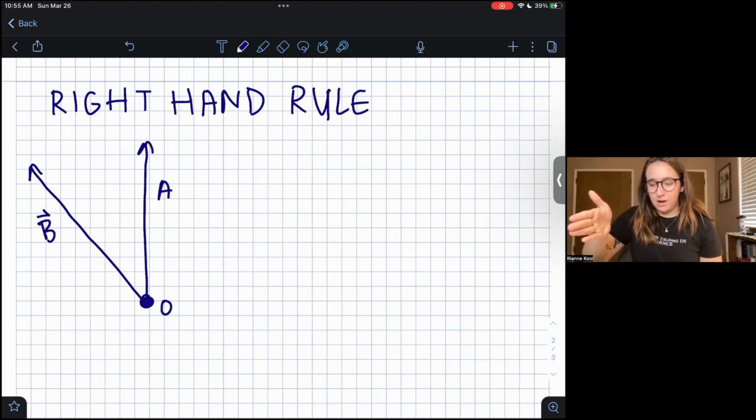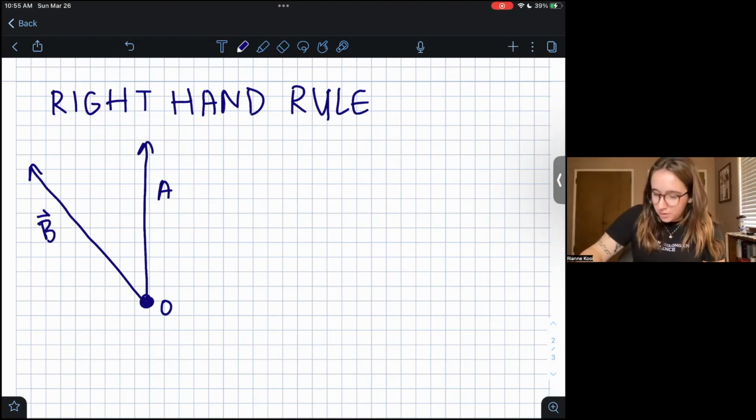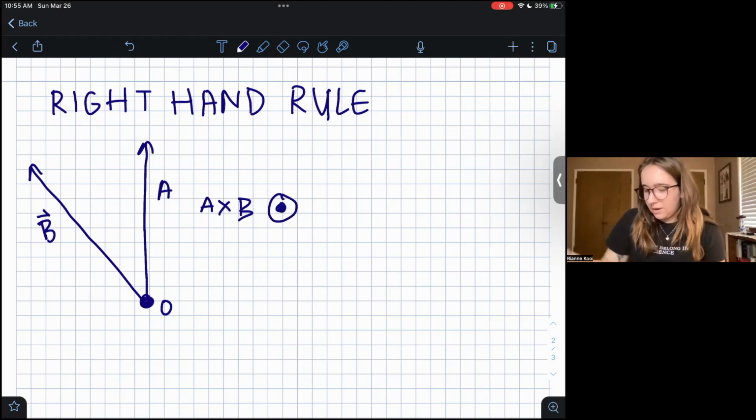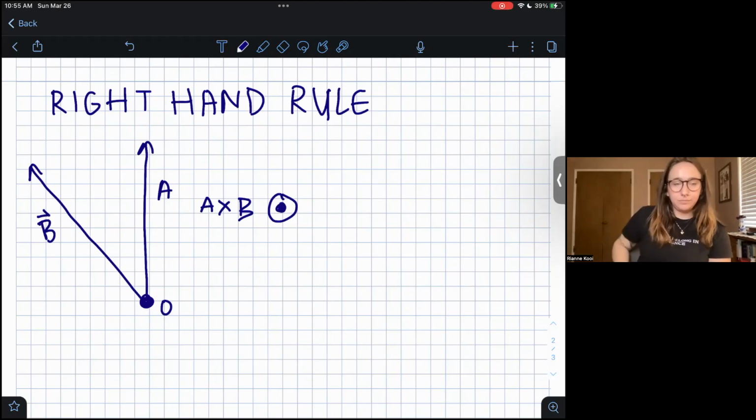So I'm pointing my fingers in the direction of A, curling my hands towards B. So A cross B is out of the page.